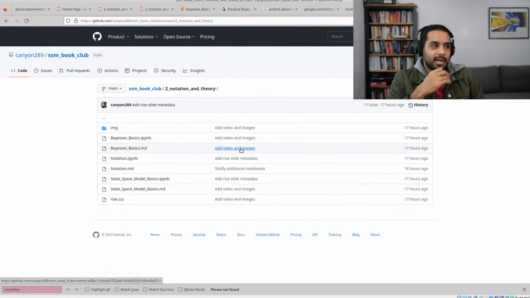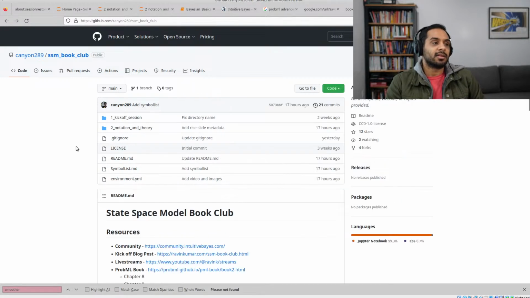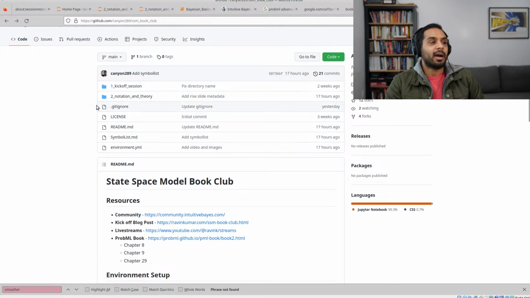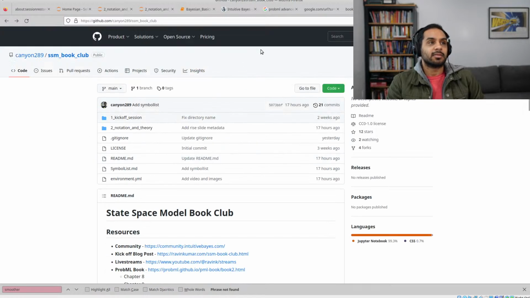The 3 notebooks that I went through are in this already, the environment and everything like that. So if you folks want to run any of the models and the Bayesian basic stuff, go right ahead. They're all there for your use. I will almost definitely be running code for HMMs on my own, so that'll be put in here as well. So this is another resource for you all.